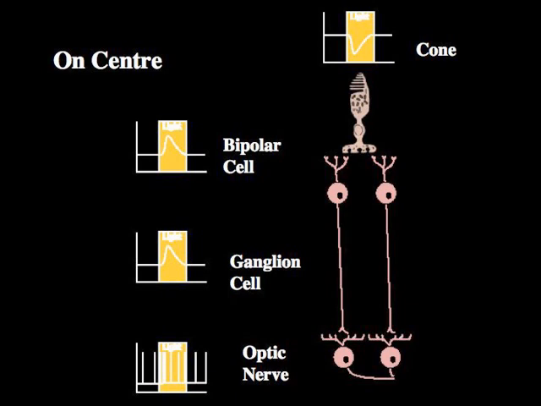But for an on-center bipolar cell, hyperpolarization of the cone by stimulation with light causes a relative depolarization of the bipolar cell. Causes a relative depolarization of the ganglion cell, increases the rate of action potential generation by that ganglion cell. So that for an on-center visual field, stimulated in the center of its visual field, we get an increase in the rate of generation of action potentials, from a basal rate to an increased rate.